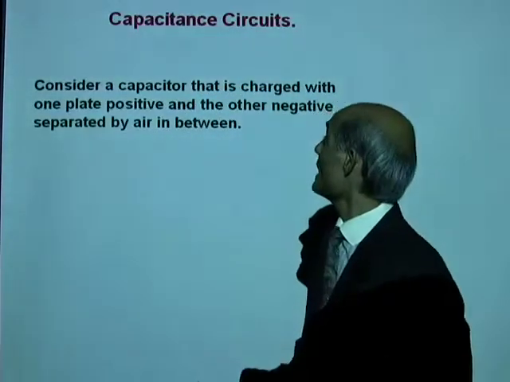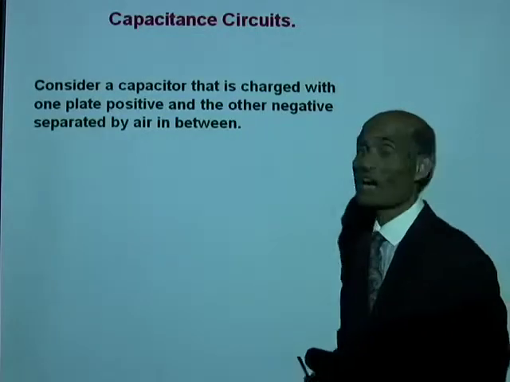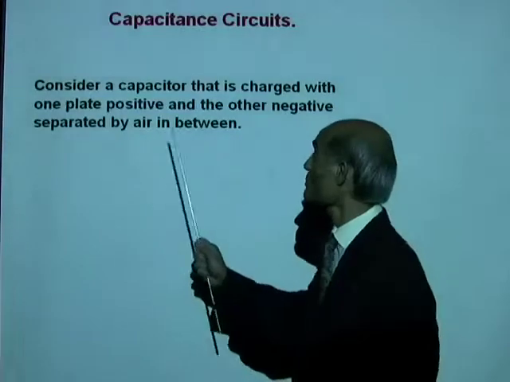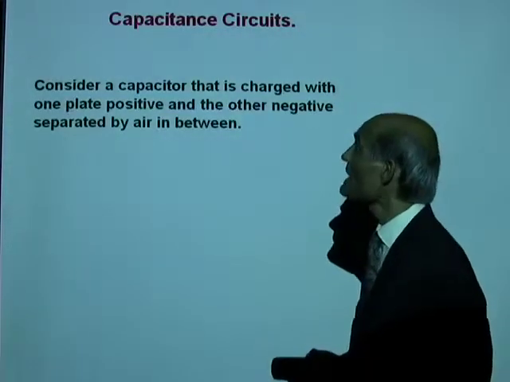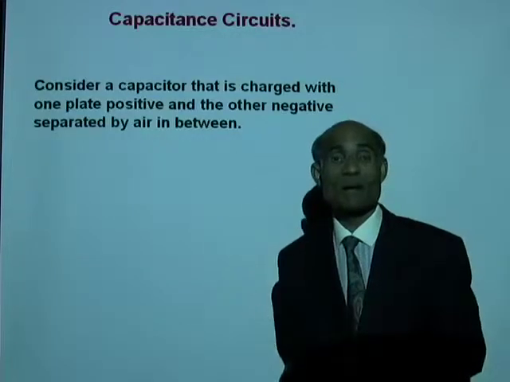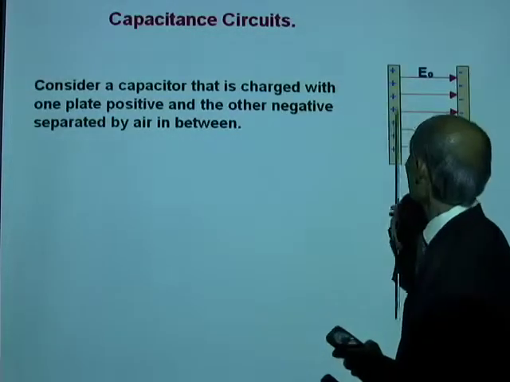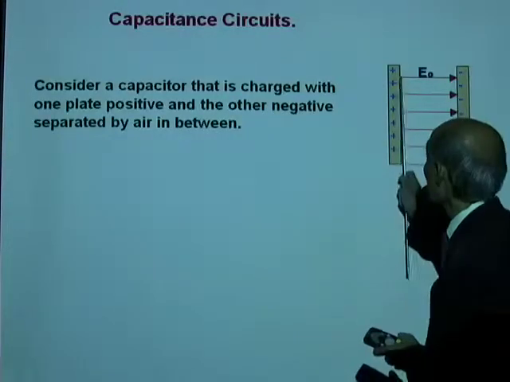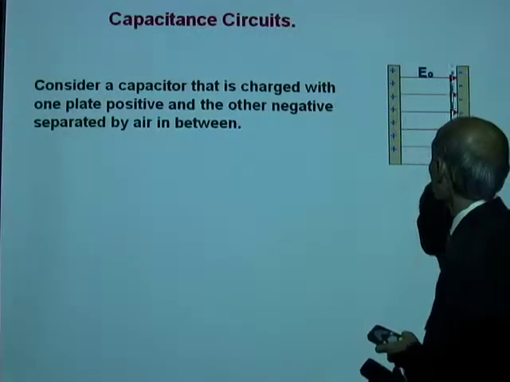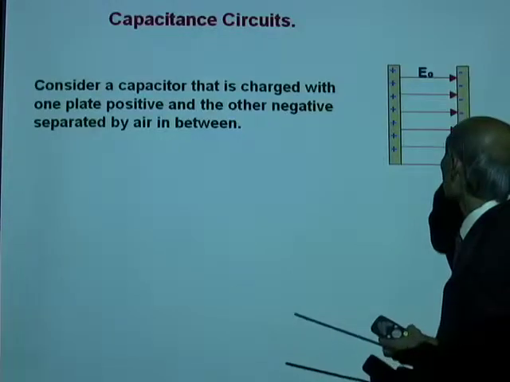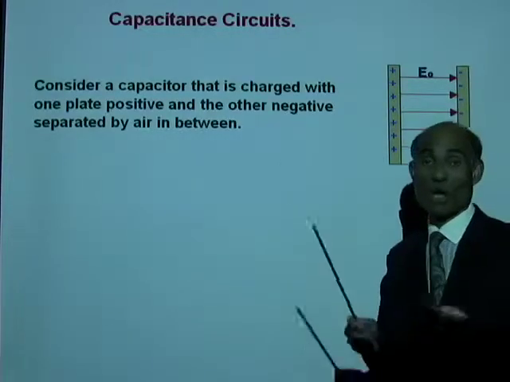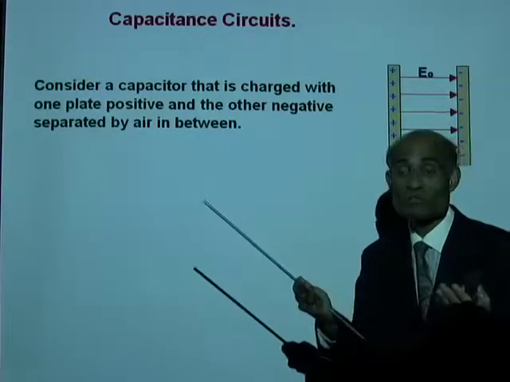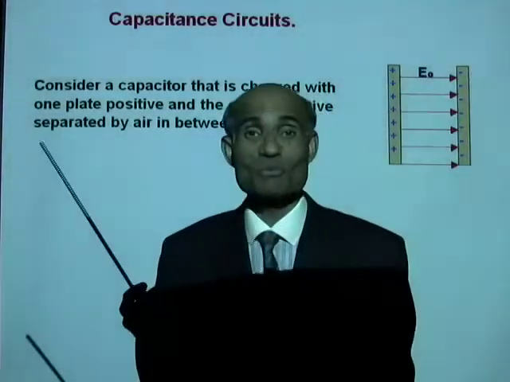Consider a capacitor that is charged with one plate positive and the other negative, separated by air between them. Obviously, there is an electric field in between the two plates.